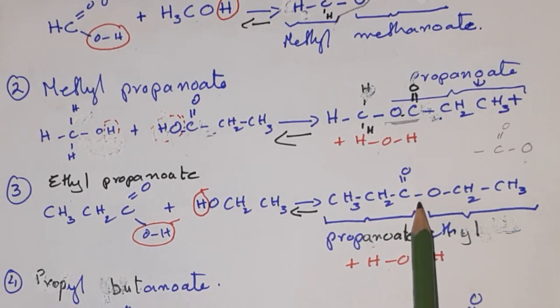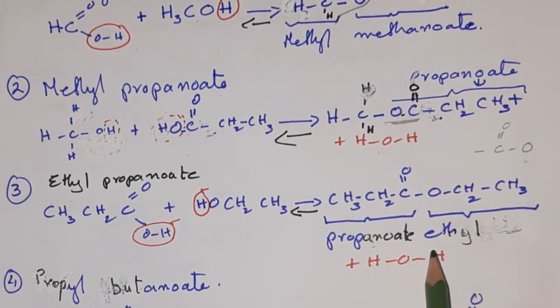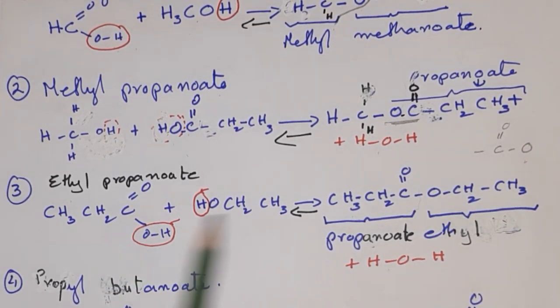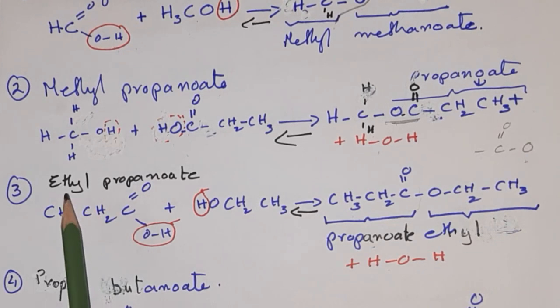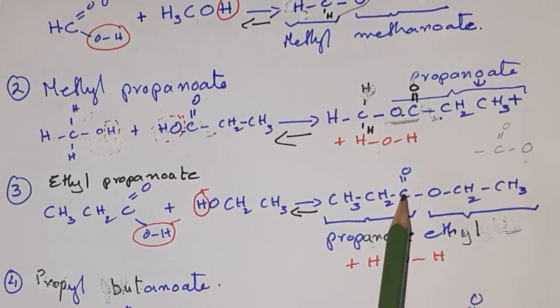This part is from the propanoic acid and this part is from the ethanol. So the name is going to be in the order that I have said, we write the alcohol part first, that is ethyl propanoate. Ethyl propanoate.